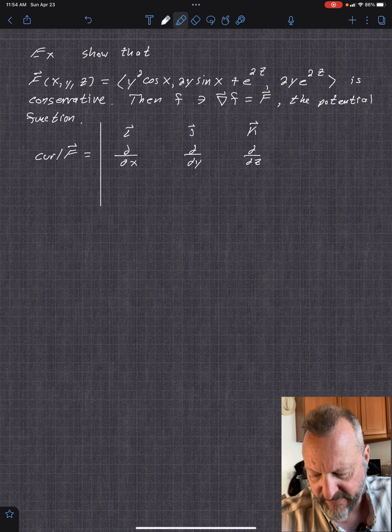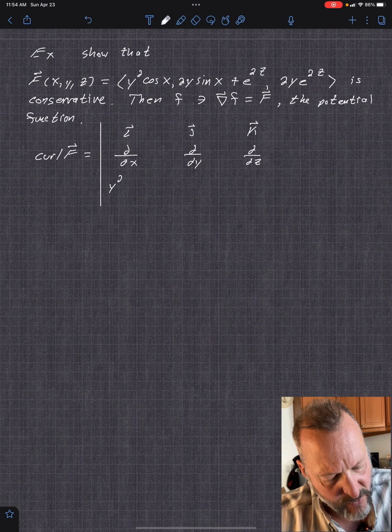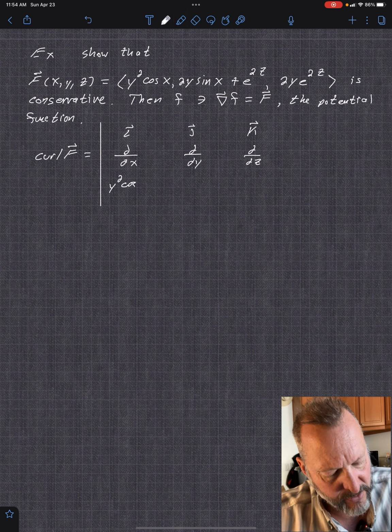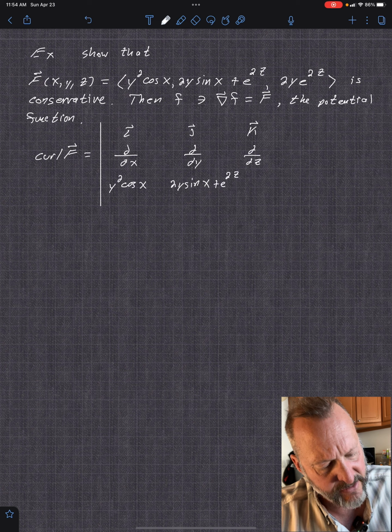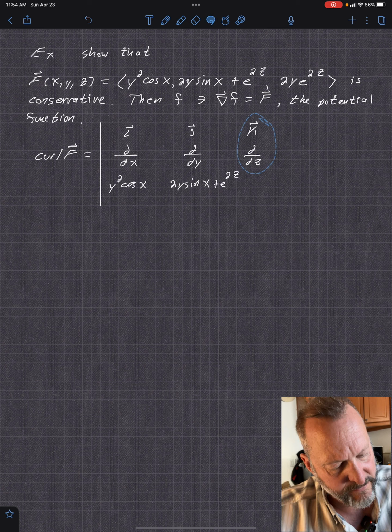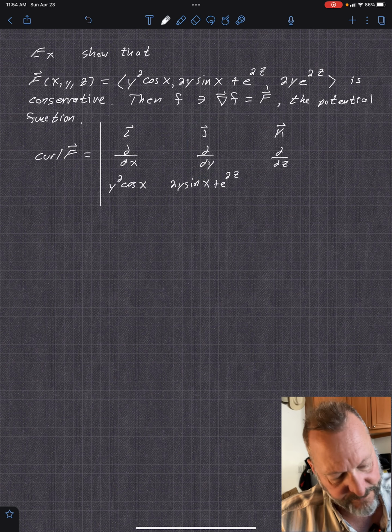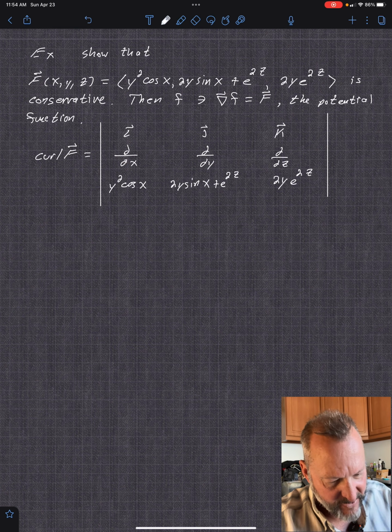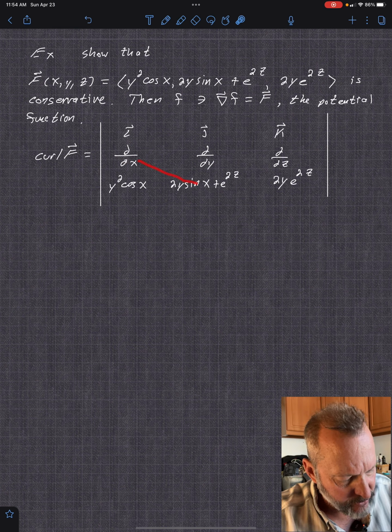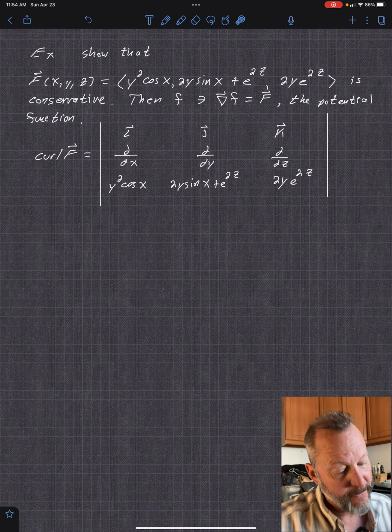And then now you're putting in your functions: y squared cosine x, 2y sine x plus e to the 2z, 2y e to the 2z. We're taking the curl of that, and you can see here when you do this partial, that's just 0, it's gone. So things like that will happen, and make it a little simpler.